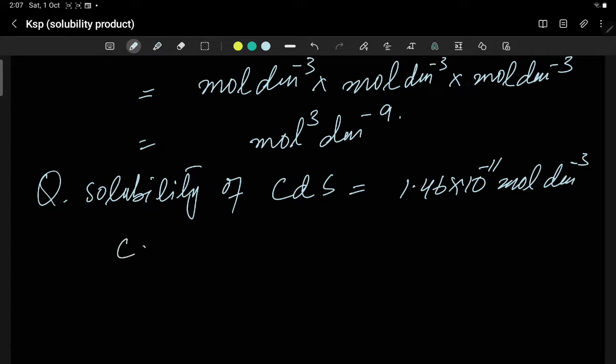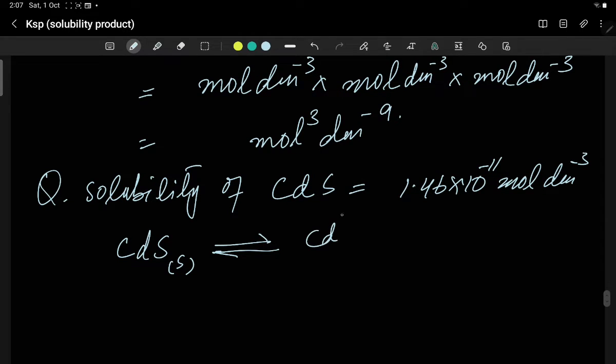So the equation is CdS, cadmium sulfide, giving Cd2+ aqueous plus S2- aqueous ion.